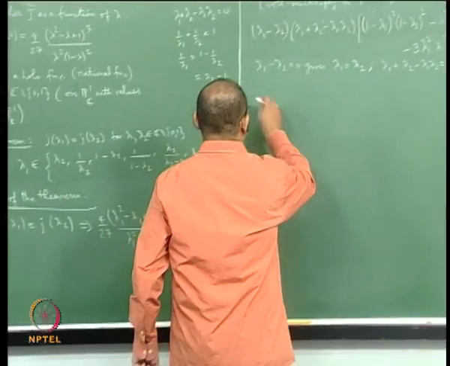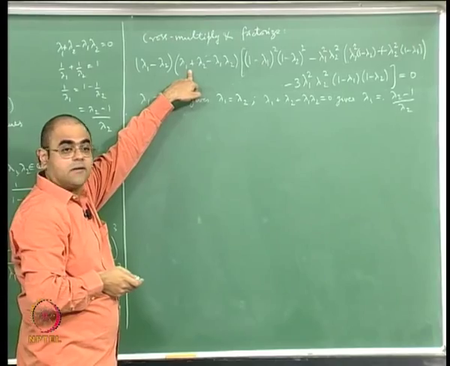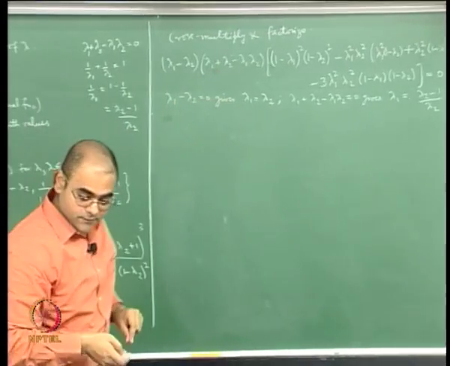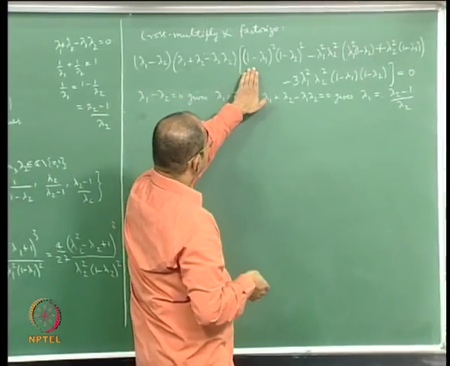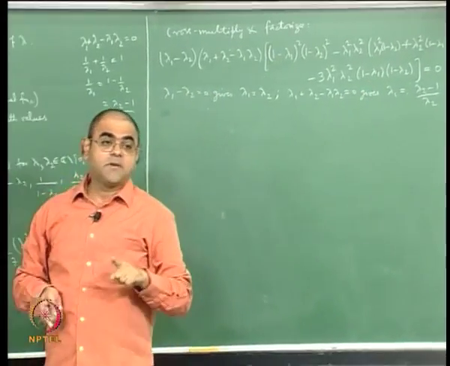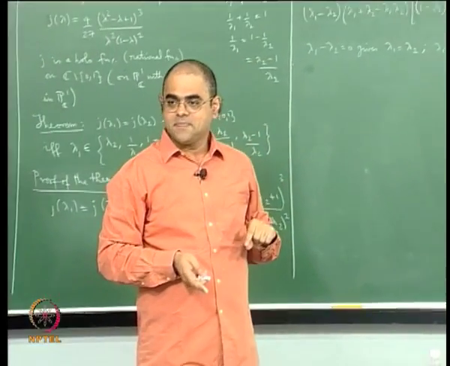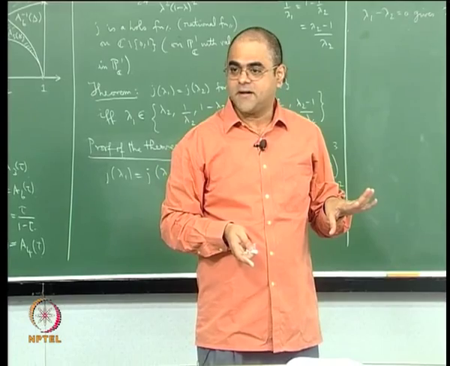You will notice that the expression in the square brackets vanishes if you put lambda 1 lambda 2 equal to 1, or if you put lambda 1 plus lambda 2 equal to 1.